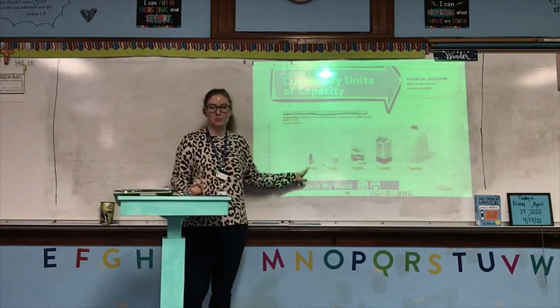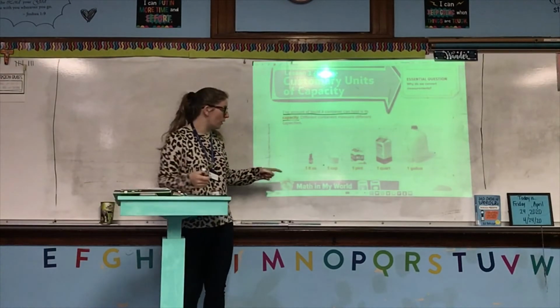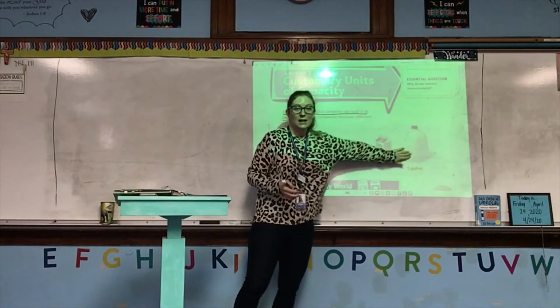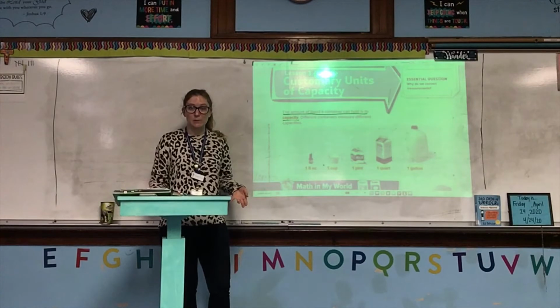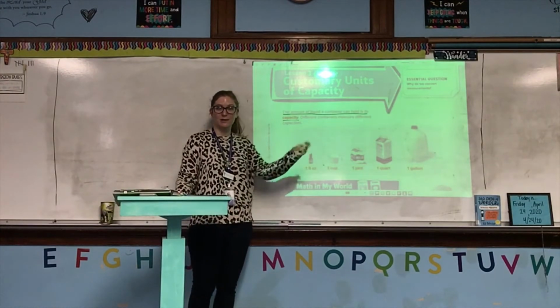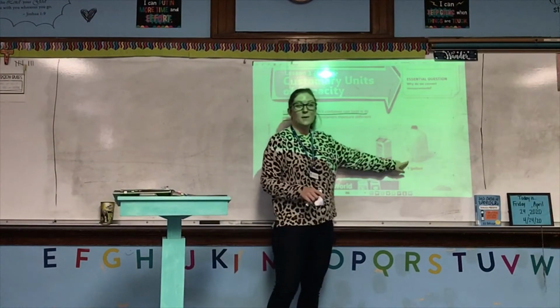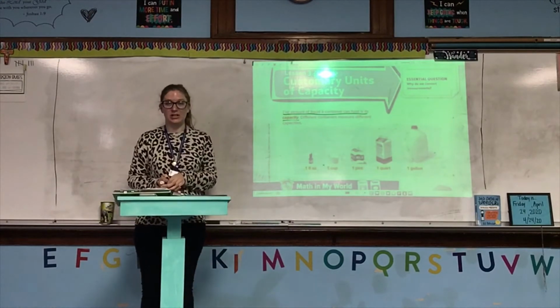How many nail polish bottles can fit in this picture of a swimming pool? Or how many of these measuring cups? Or do you need to use these really big gallons? Because if you're trying to fill a swimming pool, are you going to measure it by doing 1 little spoonful at a time? Or are you going to do 1 bucket at a time? So let's go ahead and look at example 1.